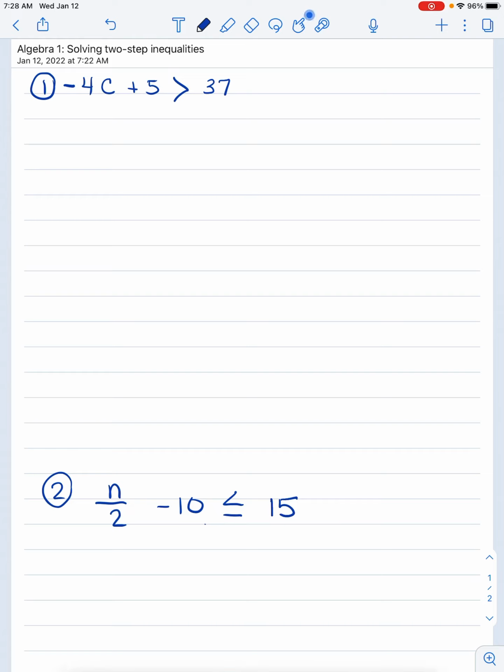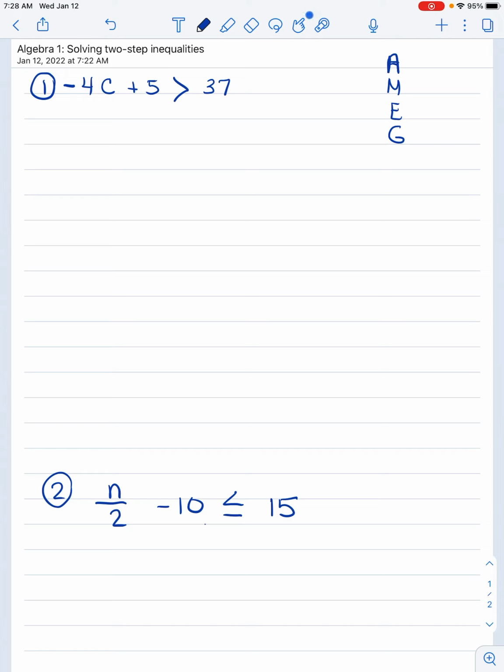The way that I like to do it is I use order of operations, GEMMA, which is groupings, including parentheses, exponents, multiplication or division, addition or subtraction. And I work backwards from there.